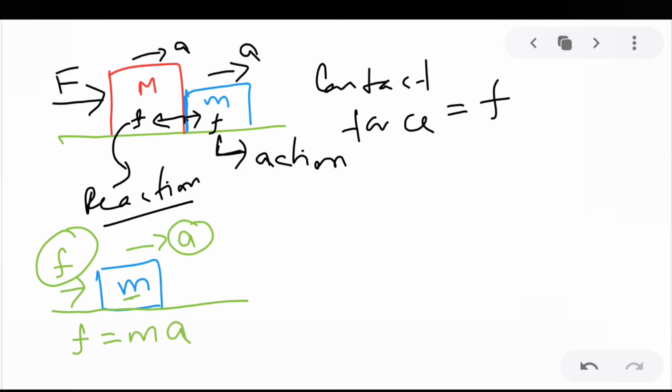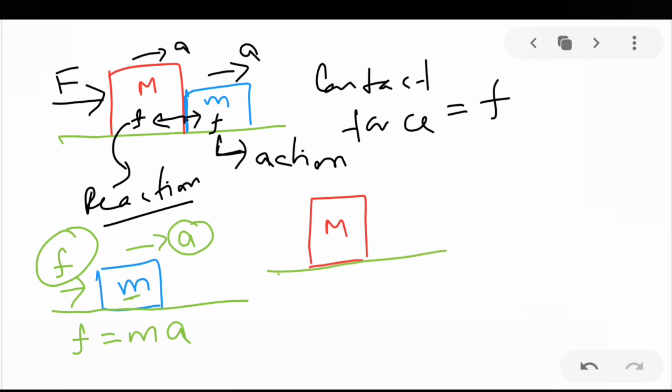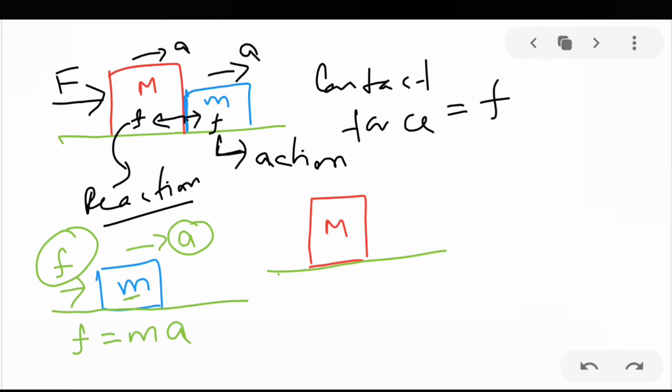Now what about the bigger block of mass capital M? It is acted upon by two forces. One is capital F, acting towards the right, and the contact force small f acts in the opposite direction.